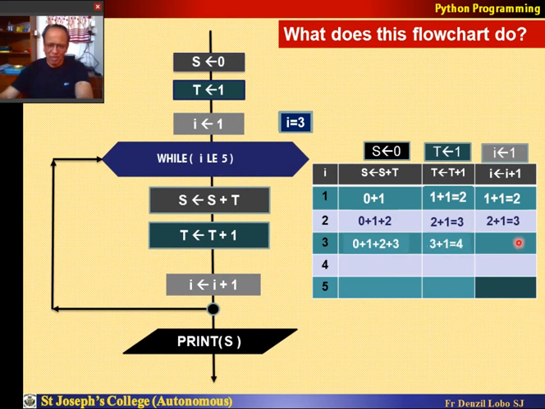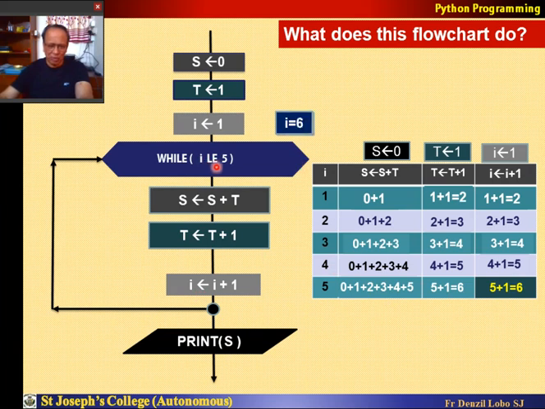T becomes 4, I becomes 4. Then again it's less than or equal to 5. Again it goes on, 4 is added to that. T becomes 5, I becomes 5, and it comes here and adds the value of T again. T becomes 6 and I becomes 6.